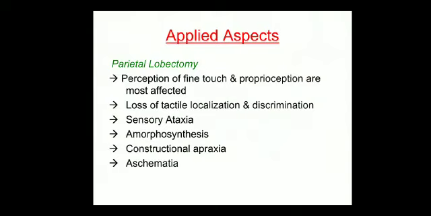So partial lobectomy, that is if you remove only one side, what will happen? Removal of the parietal lobe on one side causes loss of perception of fine touch and proprioception. That is the first thing which is affected.